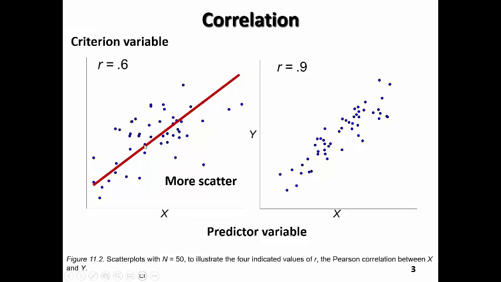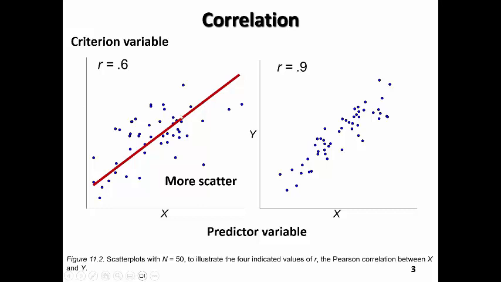And so what we see here on the figure on the left, again, this is just a subjective estimation here, but quite a bit of scatter. But even with this scatter here, we can see a general tendency that as the value of x increases from left to right, the value of the y variable increases from the bottom up to the top.